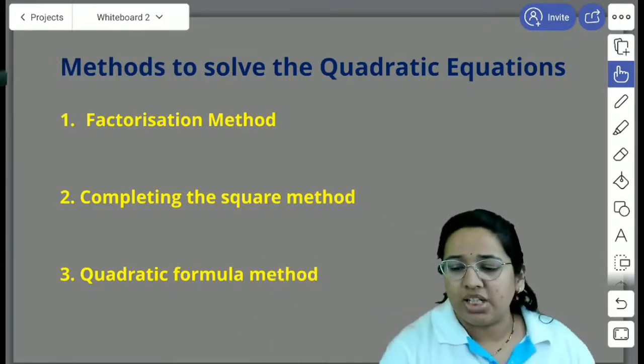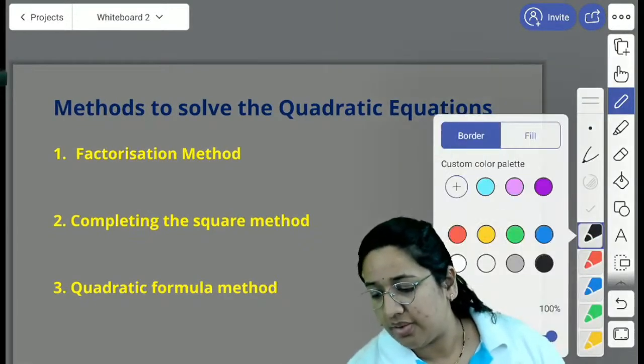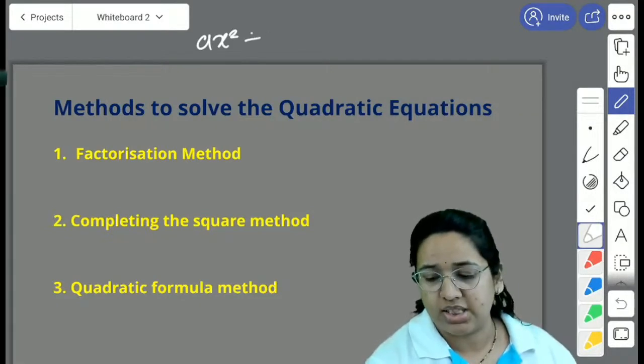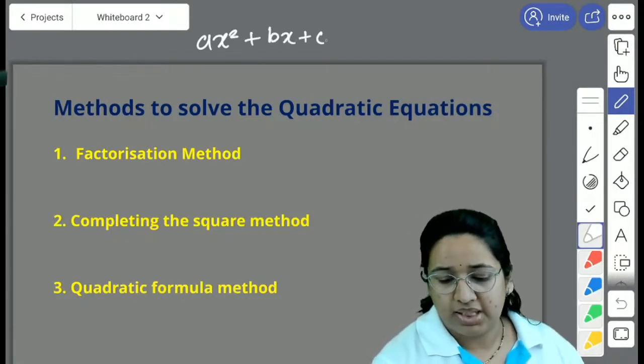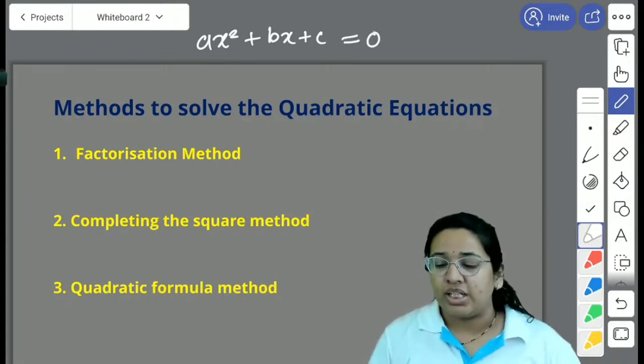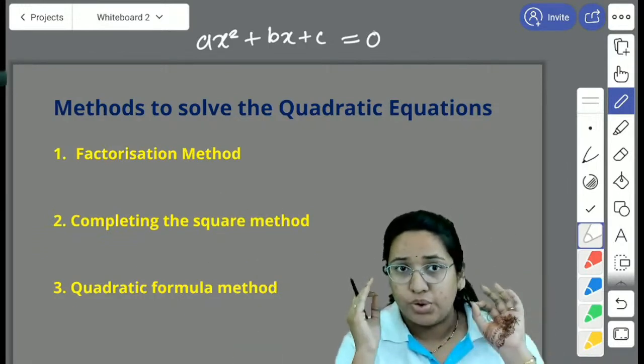So for each and every case, there will be one quadratic equation. Suppose we consider a general equation, ax square plus bx plus c equals to 0. Okay. So for the factorization method, see what we have to do here.